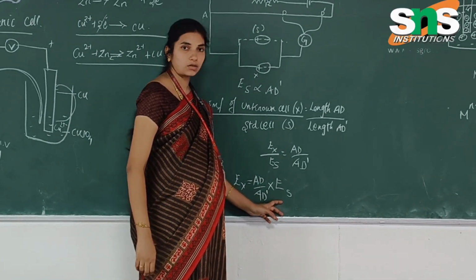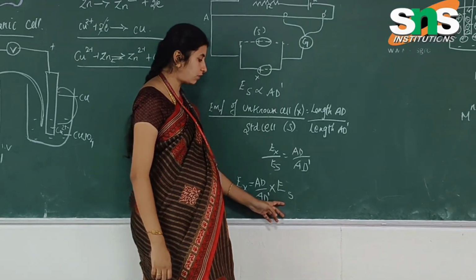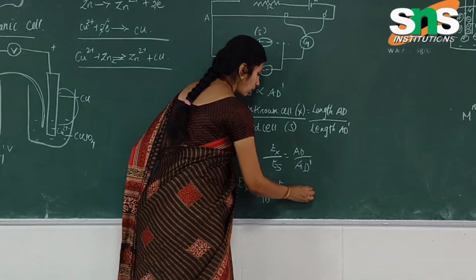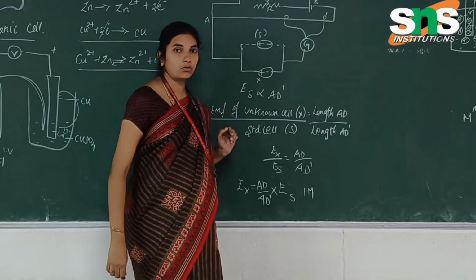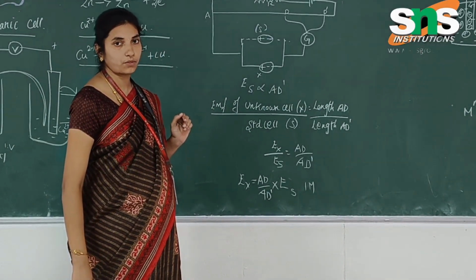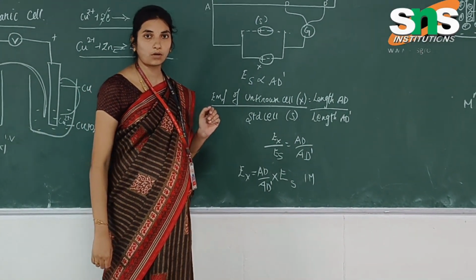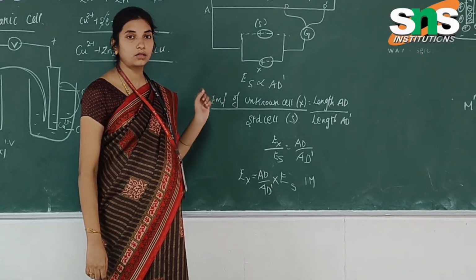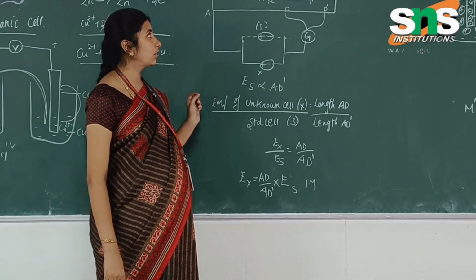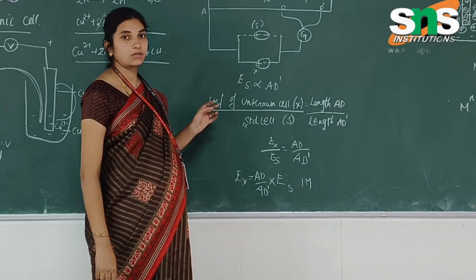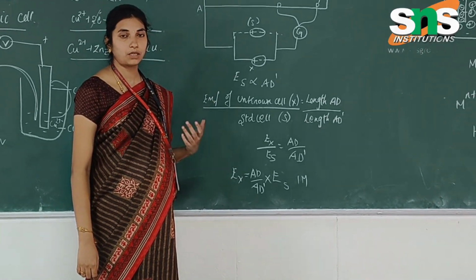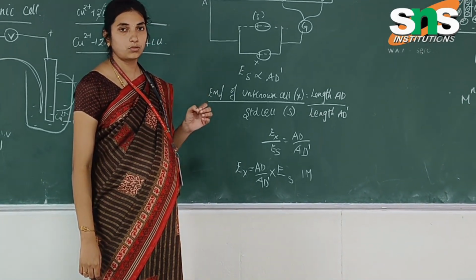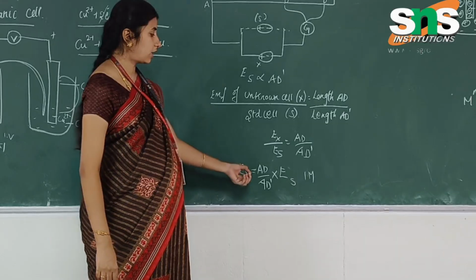ES is the standard solution, and we know the standard solution values with the 1 M solution. The 1 M solution can be prepared in a standard flask with 100 ml of water, weighing the substance on the weighing machine, transferring it into a conical flask, and using a standard pipette to transfer the solution to the standard electrode cell.